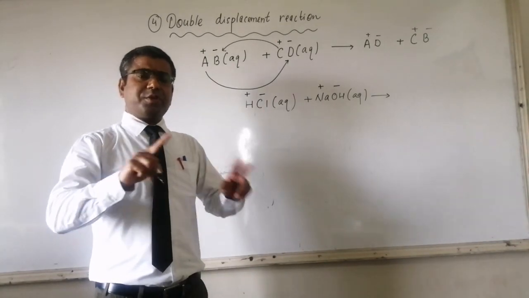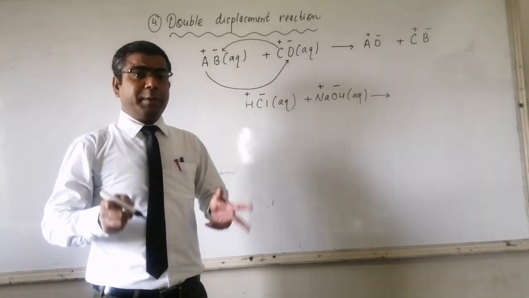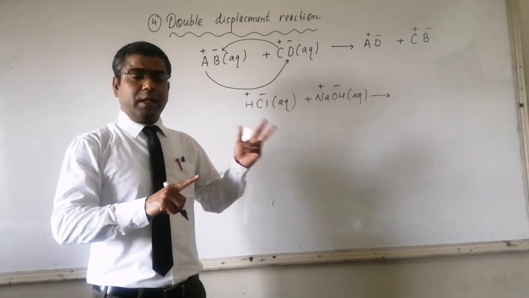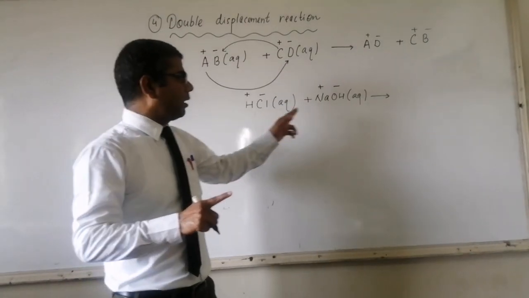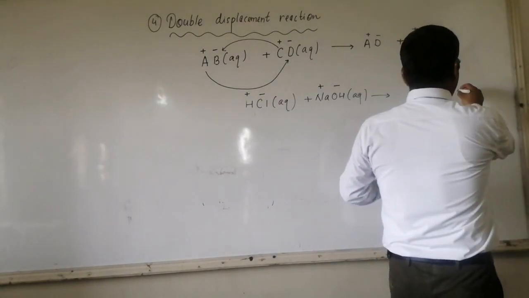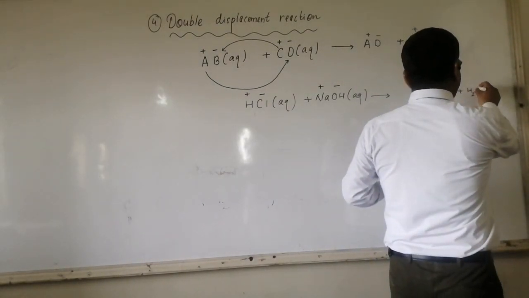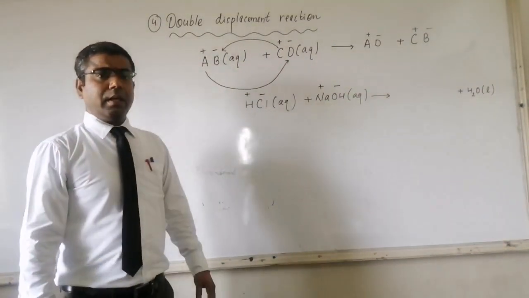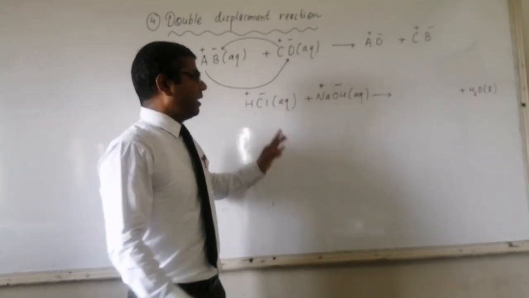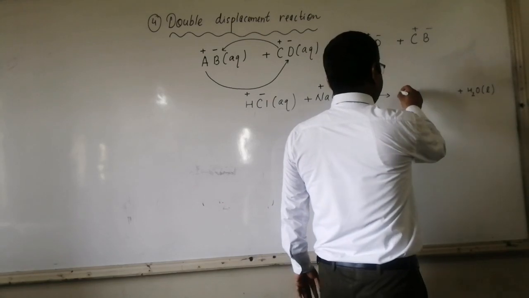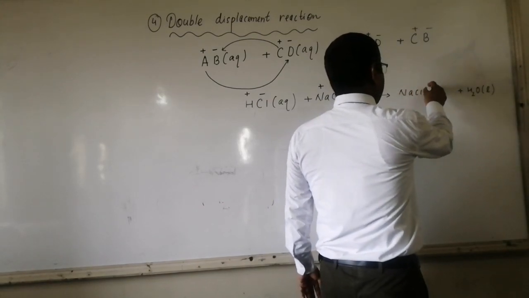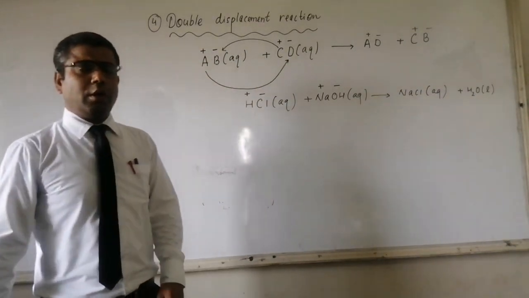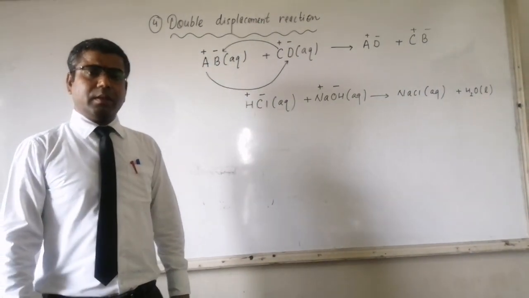Now exchange of opposite ions will take place between the two ionic solutions. So H+ with OH- forms H2O, that is your liquid, in its pure state, and Na+ with Cl- forms NaCl, a water soluble compound, so you will get an aqueous solution of sodium chloride.